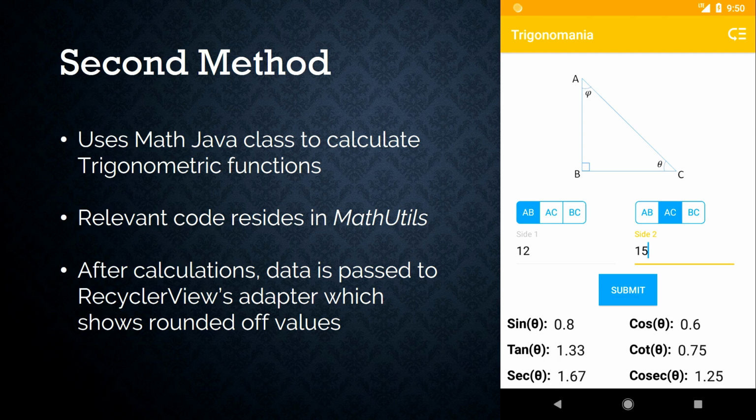For example, if I input AB as 12 and AC as 15, you can see sine theta is about 0.8, cos theta is 0.6, and so on. These are the mathematical calculations behind the scenes, and as the user presses submit, the data is saved through Room and is used for later viewing.